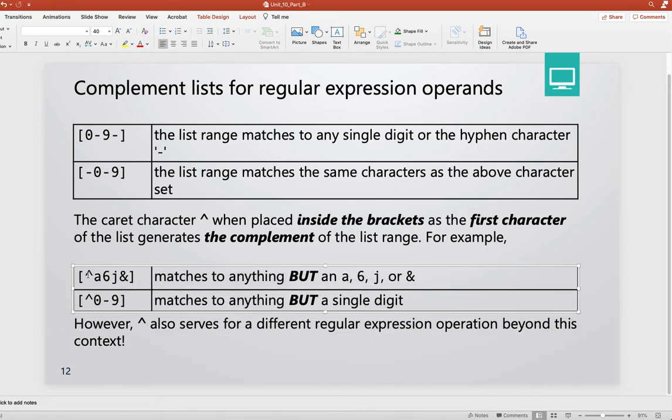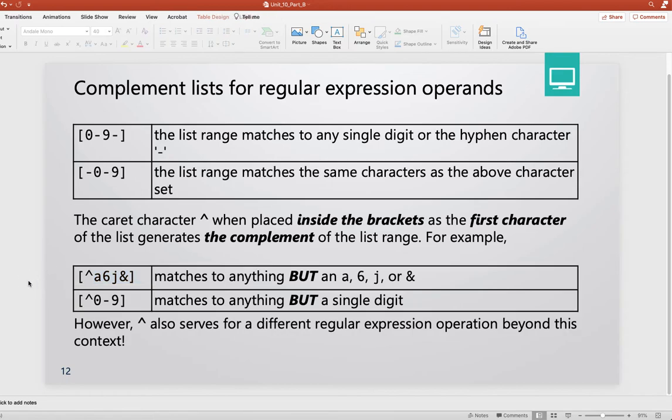However, if we add this caret at the beginning of this regular expression, this total regular expression will match to anything but an A6J or and. However, the caret character will also serve for a different regular expression operation beyond this context.